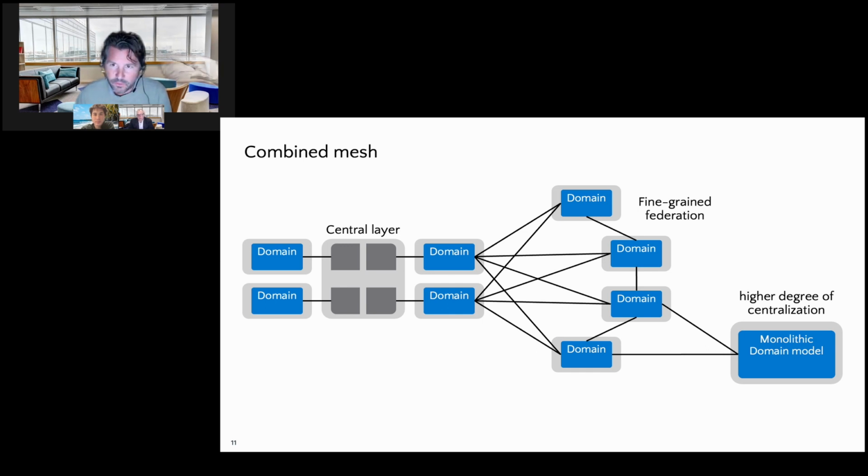So still a monolith, for example, when you need to combine and integrate an awful lot of data for good reasons, then you could also end up with a more monolithic approach. So you see combinations of all of these topologies. And having said that, the topology you start with not necessarily has to be the topology you end with. So it's a transition as well, and a journey you're on.